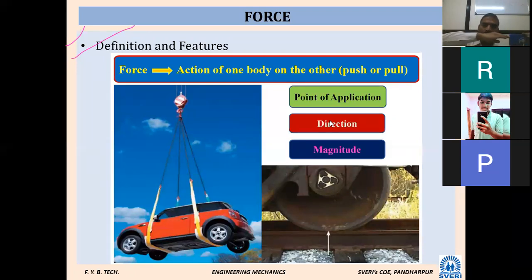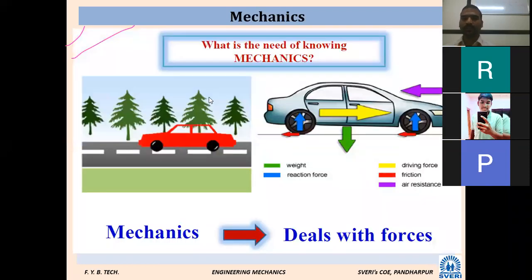In this direction. And the third one is magnitude. How much force am I applying on the body? Whether it is 10 Newton or 20 Newton, that is called magnitude. In the exam, it is very important: what is the definition and characteristics of the force?